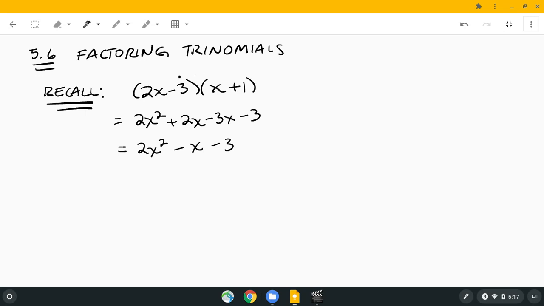So when you're factoring, right? So when you start factoring like this, you're trying to figure out what times what to make that first term. Okay, so 2x times x makes that first term. Okay, 2x times x. So that's what you would try to figure out here. What times what to make that first term.